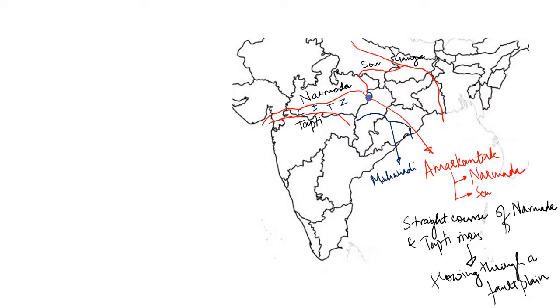Then another river which drains into the Bay of Bengal, this river over here, is the Damodar River.